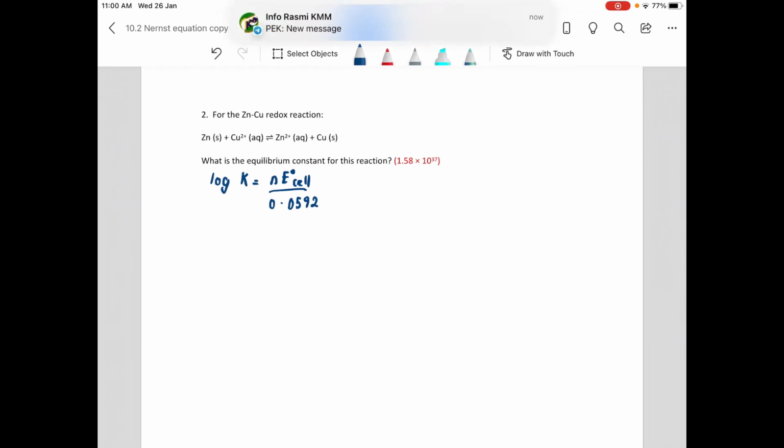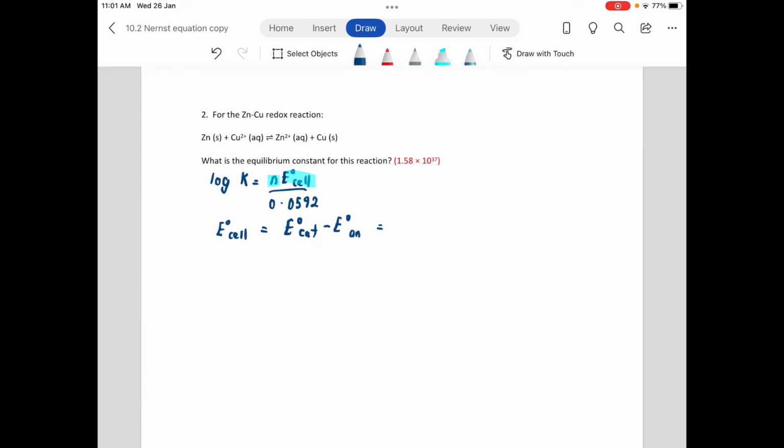Okay, so again, if we want to use this formula, you can see that we still need to calculate for E naught cell, and we still need number of mole of electron, N. Okay, so we are going to calculate E naught cell first. Okay, E cathode minus E anode.